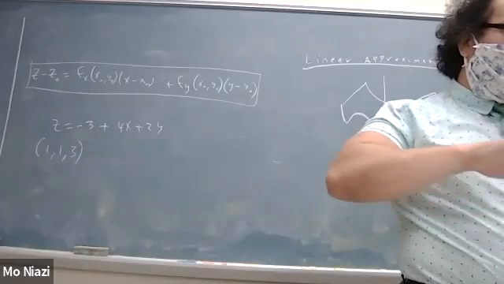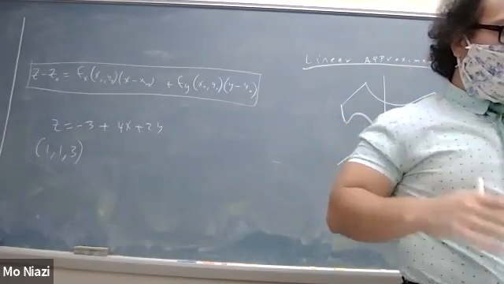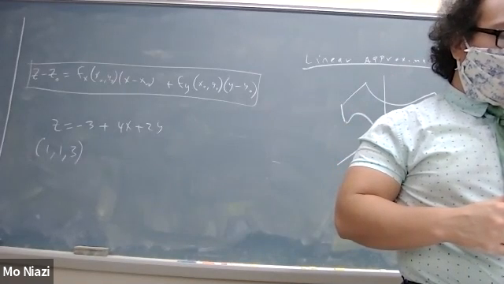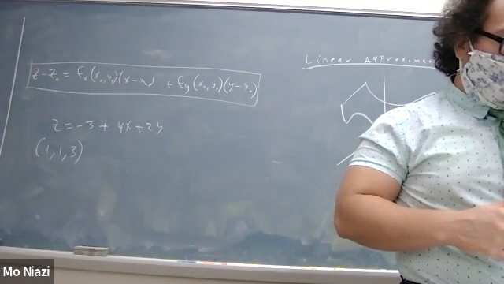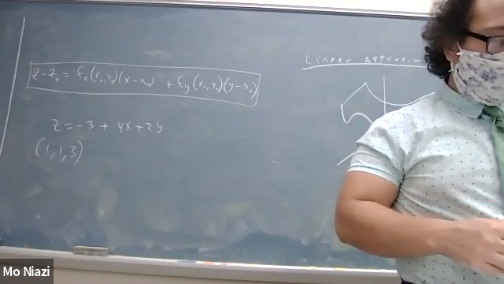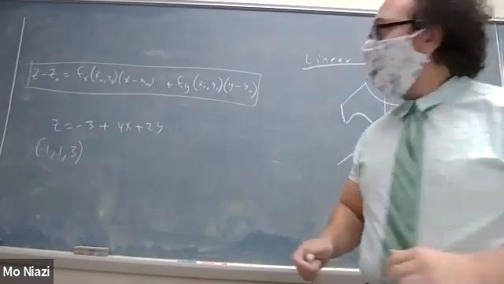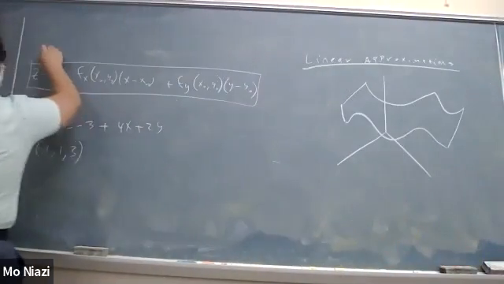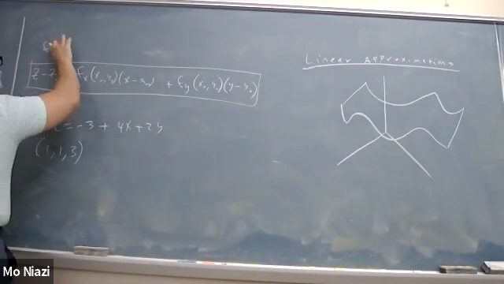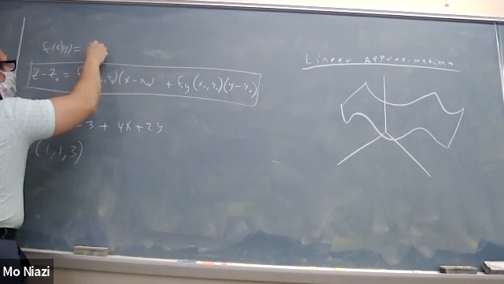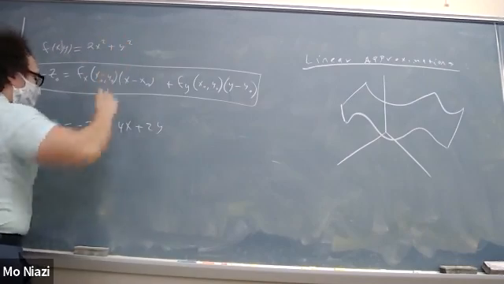Now that we've created a tangent plane to the surface that was given to us, let's create a linearization of our function at that point. The original function was 2x squared plus y squared.